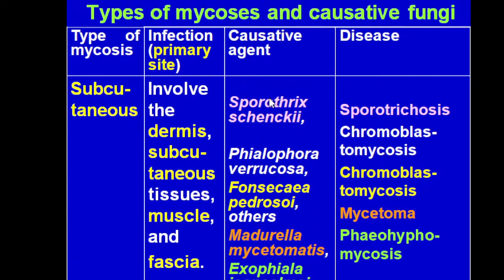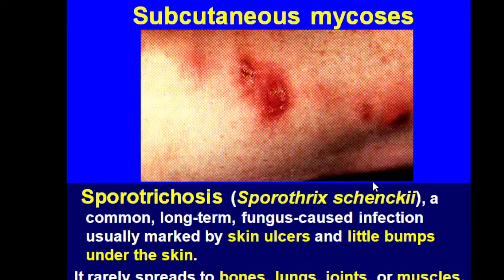Sporothrix is maybe the most common one, and Madurella mycetomatis. This is very common in India and is almost endemic for India, caused by mycetoma and some others. These are quite severe diseases.